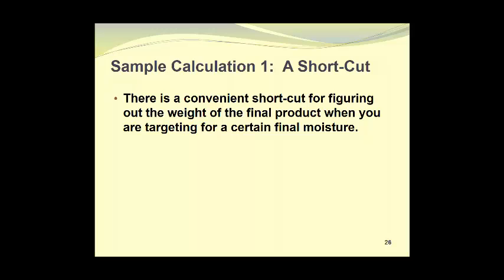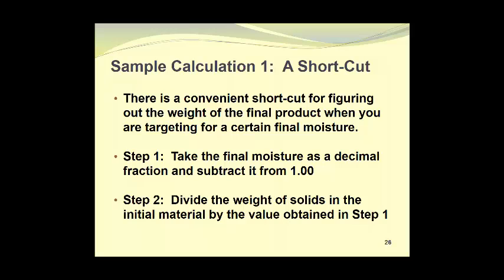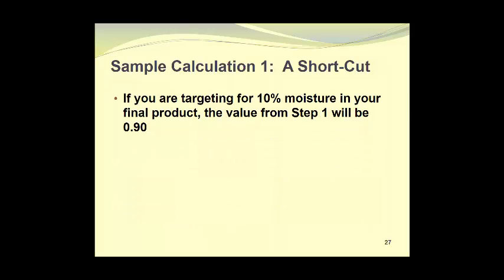There is a convenient shortcut for figuring out the weight of the final product when you are targeting for a certain final moisture. In the first step, take the final moisture as a decimal fraction and subtract it from 1.00. In the second step, divide the weight of the solids in the initial material by the value obtained in step 1.